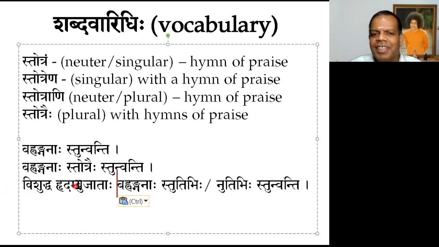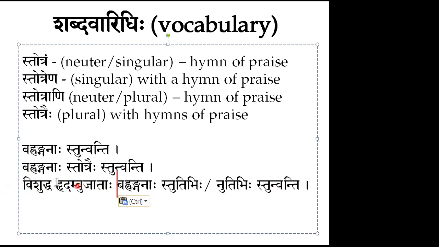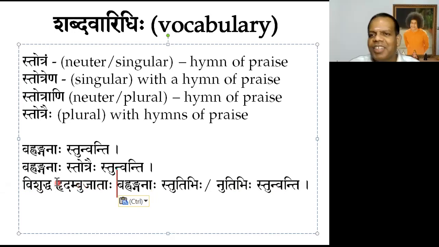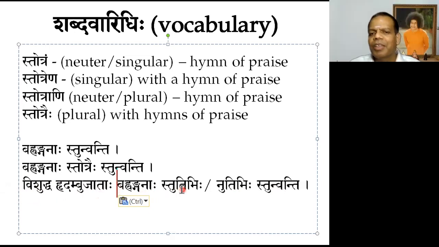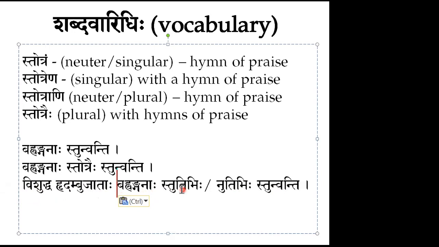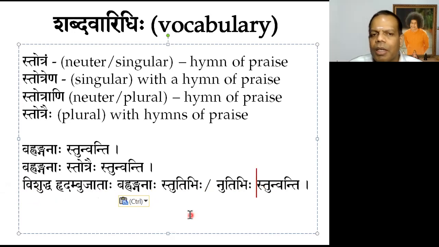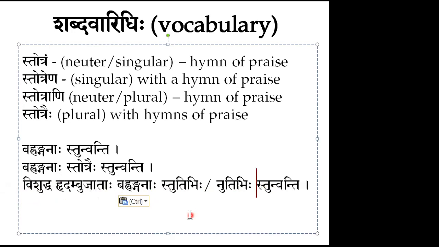The sentence structure is slightly different in English: pure-hearted women, heart full of compassion and love, very beautiful women with many hymns of praise, they are praying to you. Okay, so this is the way the Sanskrit sentences get structured.